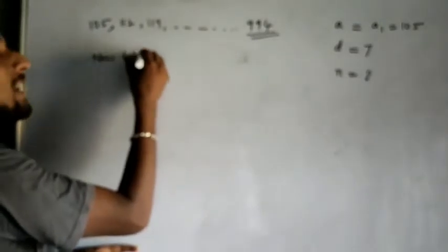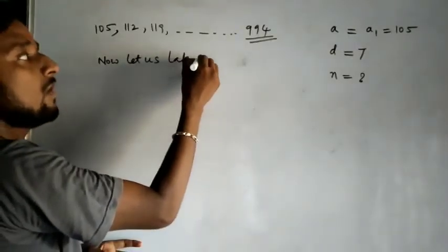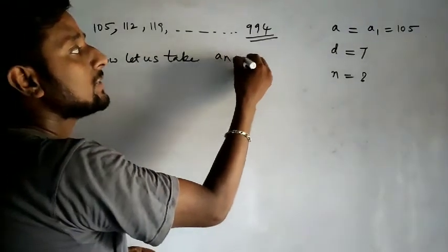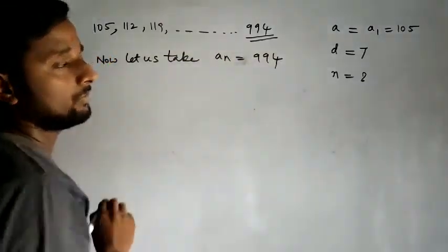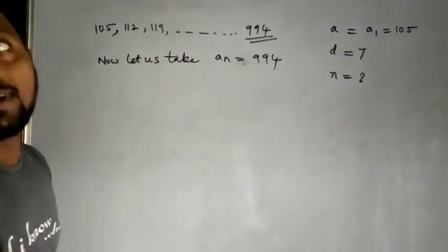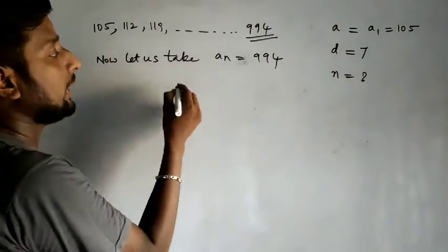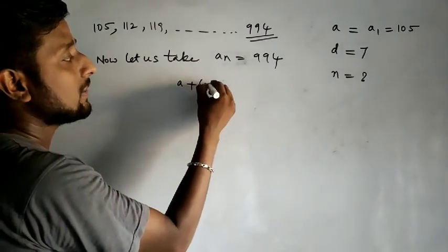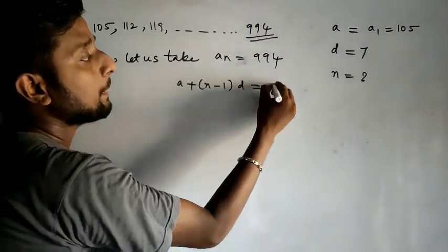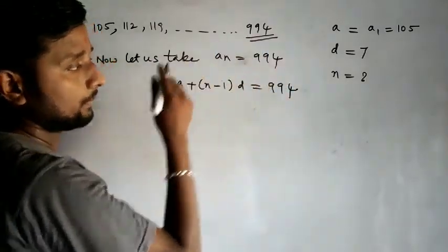Now let us take an equals 994. We don't know what the n value is. So an equals a plus n minus 1 into d, equal to 994.